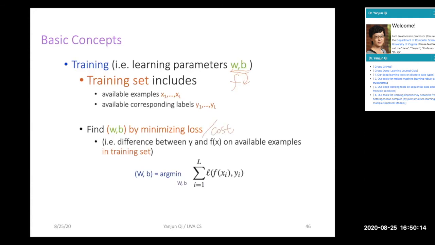In the end, I'm trying to figure out where to put the line that minimizes the differences between the prediction F of X and the true given Y. So this is called the loss function or cost function. It's normally defined on the training data. It's the training loss. It's the one you need to optimize to look for the best W and B.